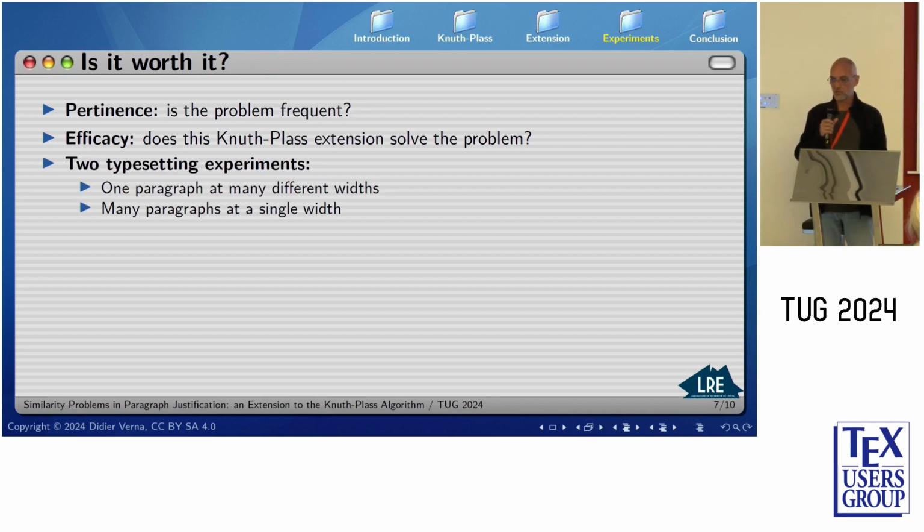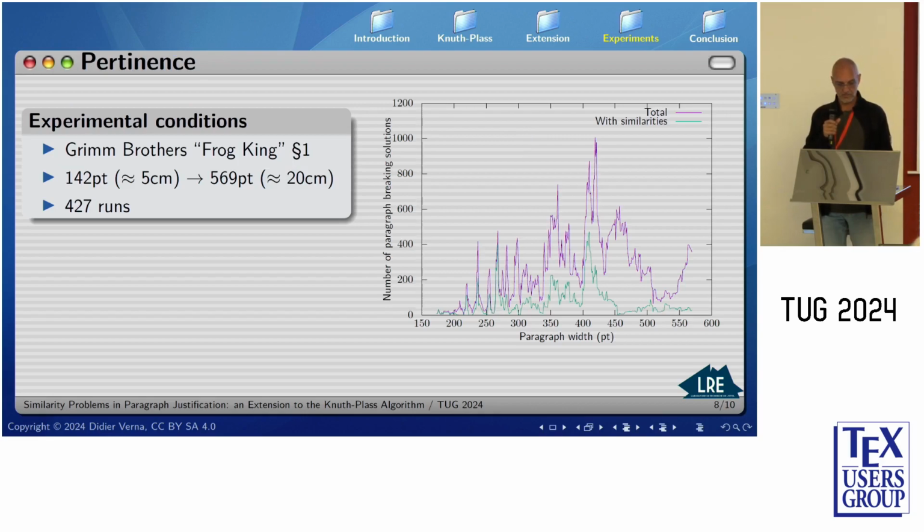So in order to answer both of these questions, I actually did 2 orthogonal experiments, which basically boil down to typesetting one single paragraph at many different paragraph widths, okay? And the second one, typesetting many different paragraphs at a single width, okay? You could multiply the experiments again, but that already gives you a number of individual cases which is quite large.